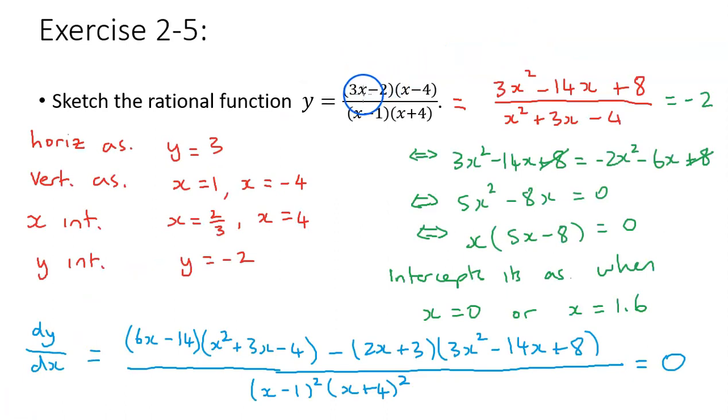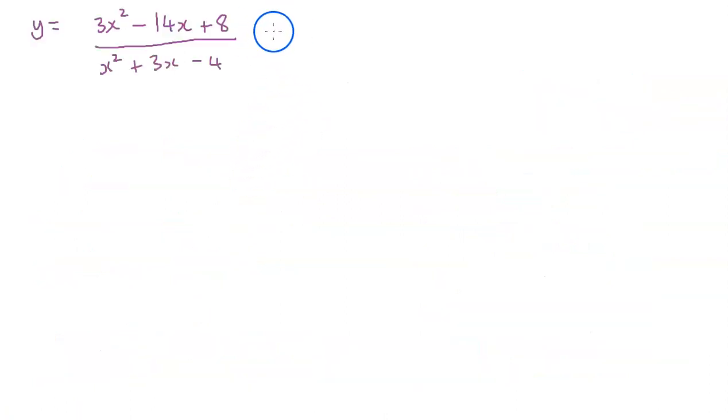And finally, before we sketch this thing, I guess the last thing we can do is calculate the range of this function. So let's go ahead and do that. We can do this using the same technique as usual. Just find all of the values of y for which there is at least one value of x that can be sent to them.